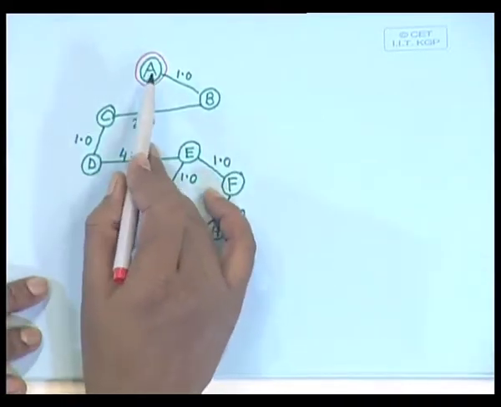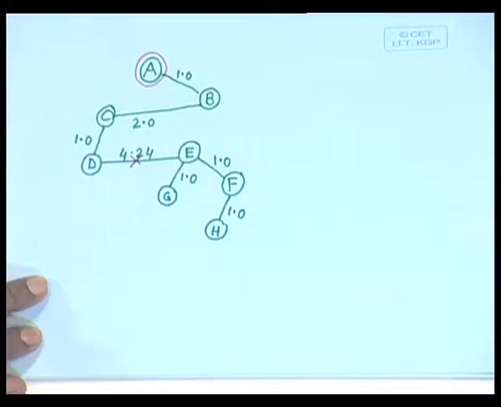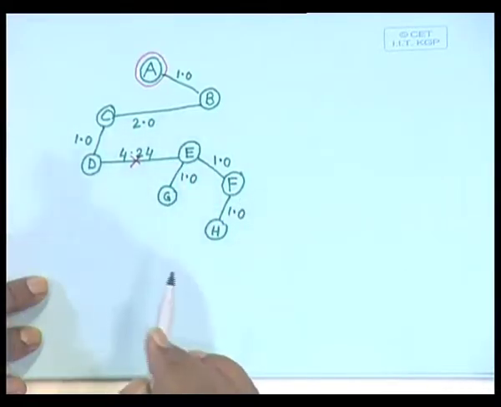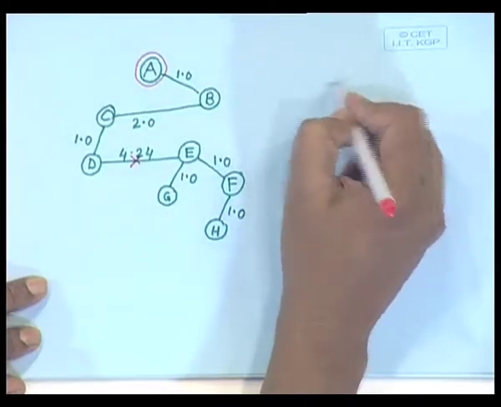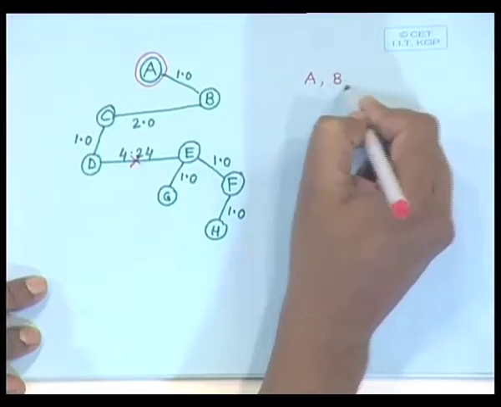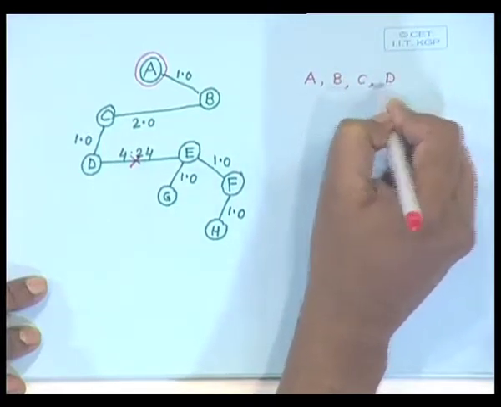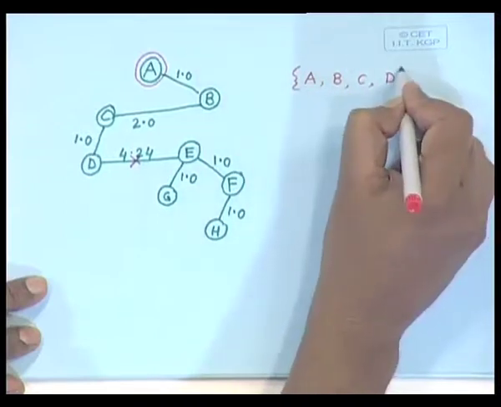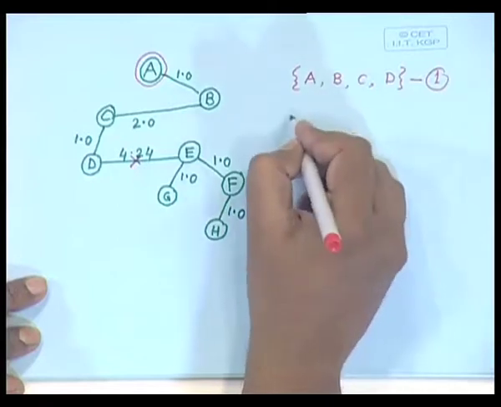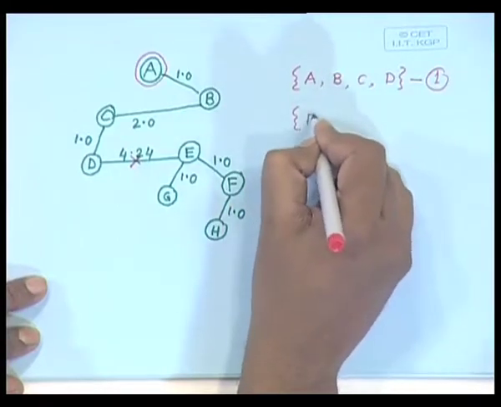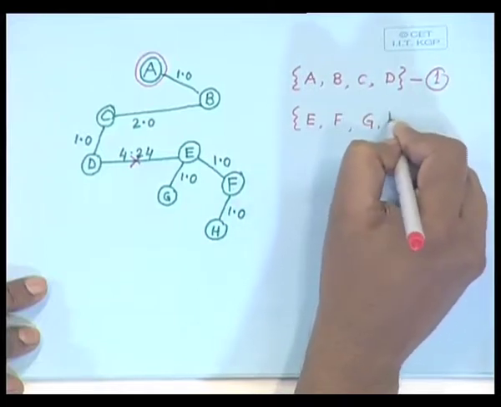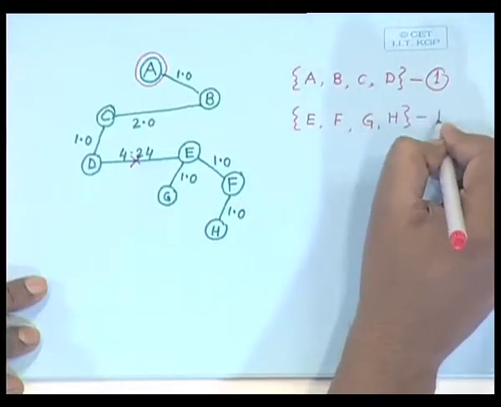One subtree contains the nodes A, B, C, D, the other subtree contains E, F, G and H. So, obviously, I get two clusters, one cluster containing nodes A, B, C, D. This is my cluster number 1 and the other cluster is E, F, G and H. This is cluster number 2.